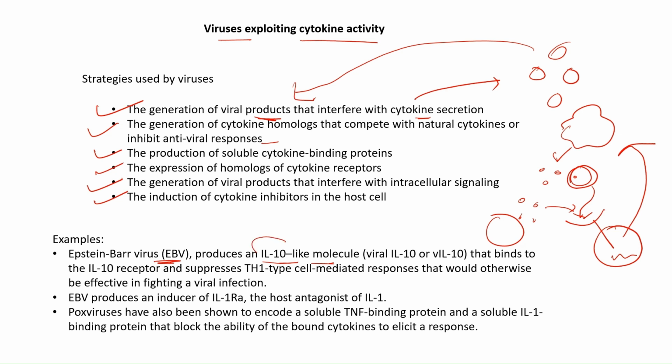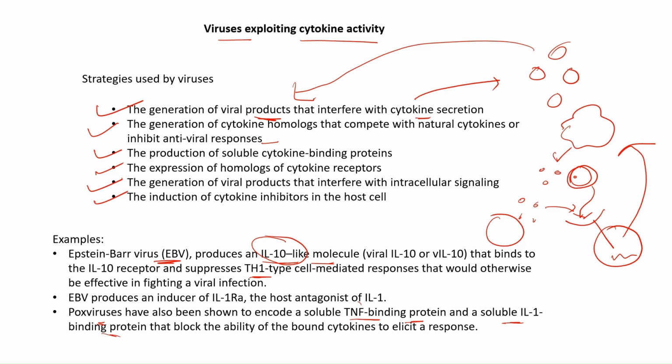So, if interleukin 10-like molecules bind with the receptor, what will happen? The cell won't get activated because it is not the actual cytokine. So, what is the function of interleukin 10? Th1 activation. So if the receptor is bound with an interleukin 10-like molecule, it won't activate the Th cell. Okay. Similarly, the pox virus encodes a soluble tumor necrosis factor binding protein and also an interleukin 1 binding protein.